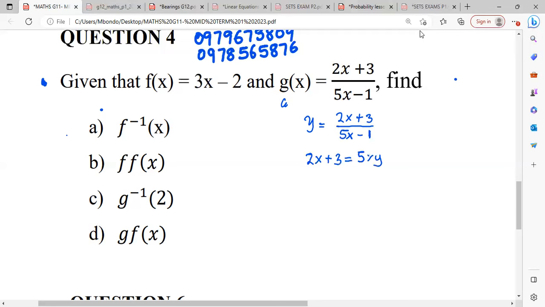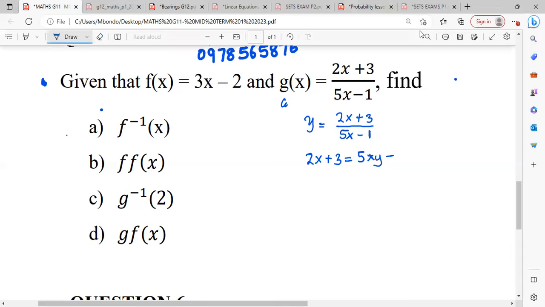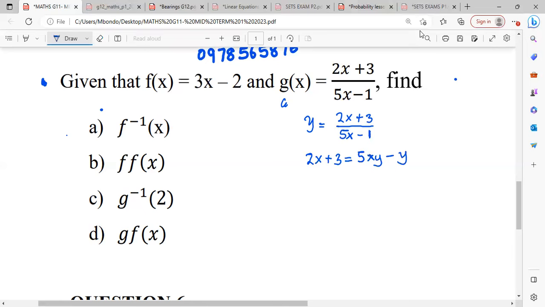And then minus the y again, you multiply it by 1. So this will be y here. Okay? This is going to give you y.